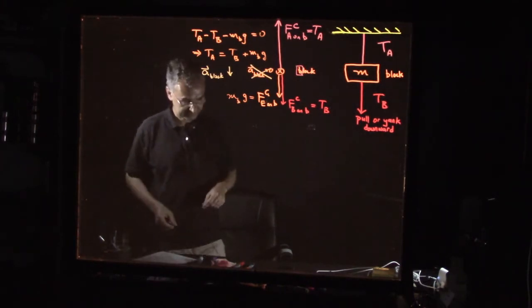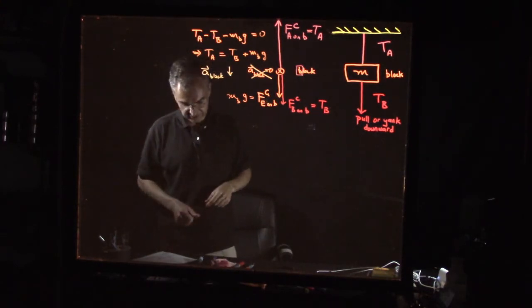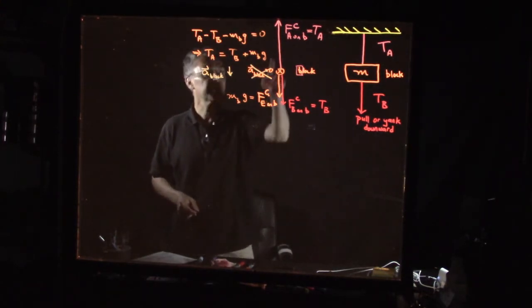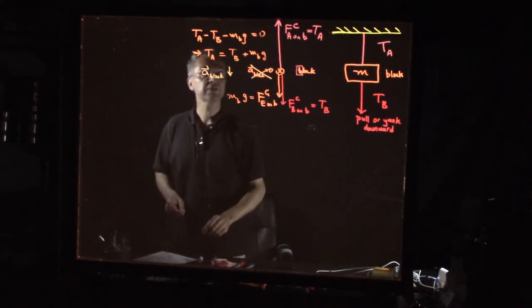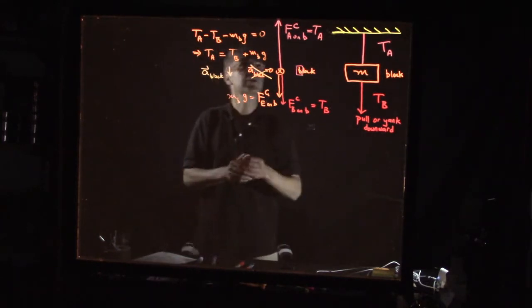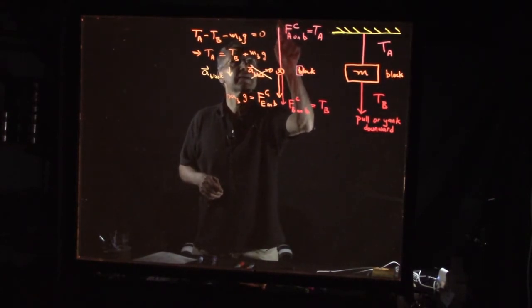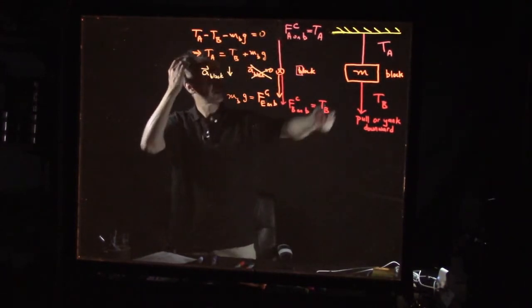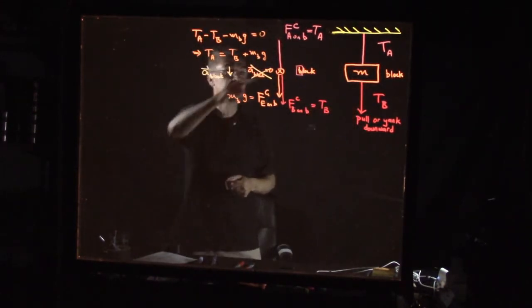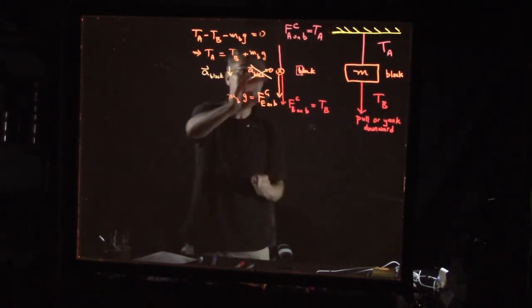So when I do that, well, let's see. Initially, the tension in the upper string, should I redraw the whole thing? No, I'll just erase. Okay, so before the lower string went taut, the tension in the upper string must have been exactly equal to the weight of the block.